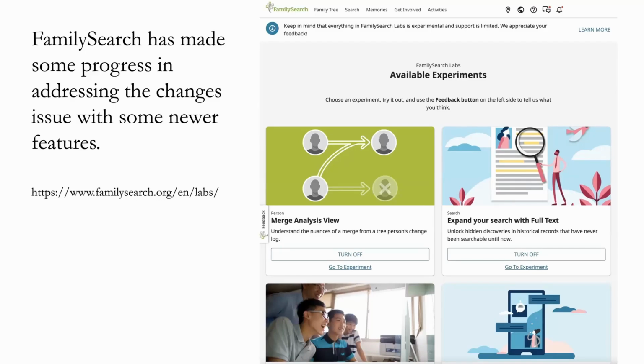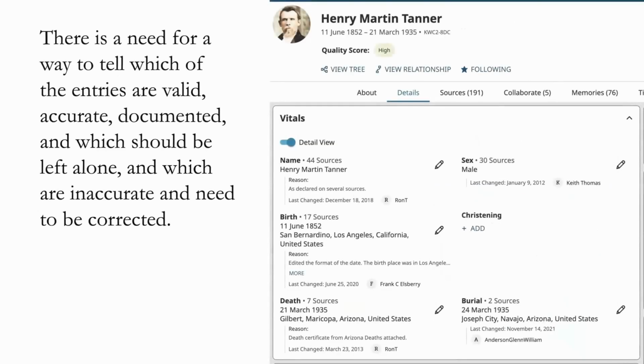So you can turn on the experiment, and then you can go to the experiment and see that. If you turn that on in Labs, then it comes on in your view of the FamilySearch Family Tree, so you can use that particular feature. Some of these features have moved from Labs into general usage on the FamilySearch Family Tree also.